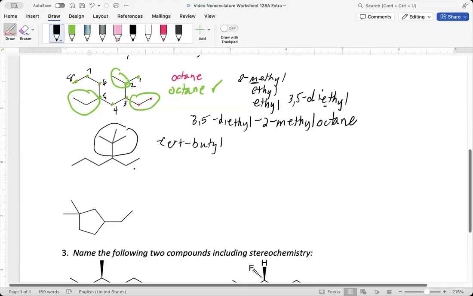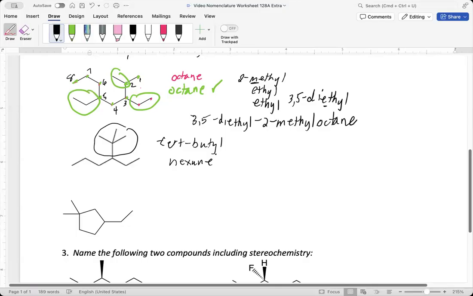If I do that, all I need to do is name this parent first. The longest chain will be 1, 2, 3, 4, 5, 6 carbons. So that's hexane. And then I'll need to number this chain. If I start on the left, 1, 2, 3, 4, my substituent would be at the 4 position. If I start on the right, my substituent would be at the 3 position.